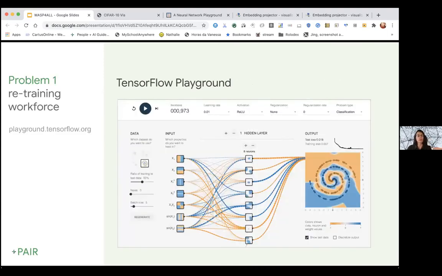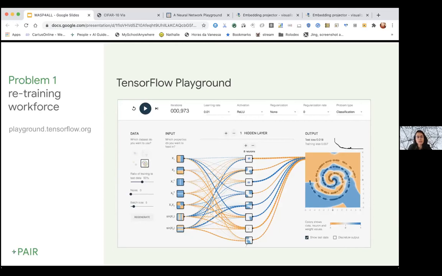The first one is called TensorFlow Playground. These are all projects that were done in my team at Google. The problem here was that Google had to retrain its entire workforce of engineers to start working with AI.